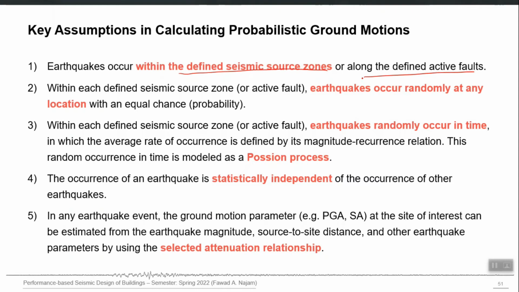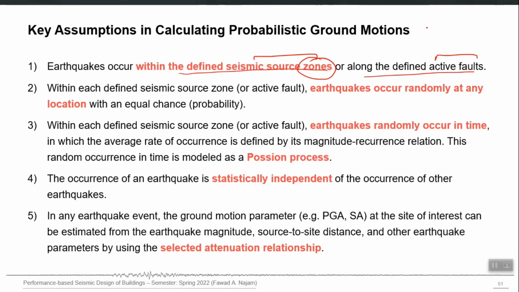So the first concept which you should understand is this concept of seismic source zones, or actually seismic sources. There can be 3 types of seismic sources: area sources, which can be called seismic source zones, then line sources, which are active faults, and there can be point sources also, right, at a particular point.